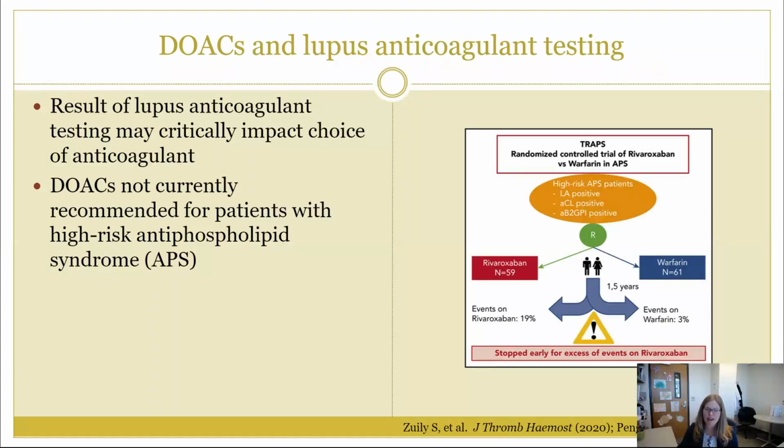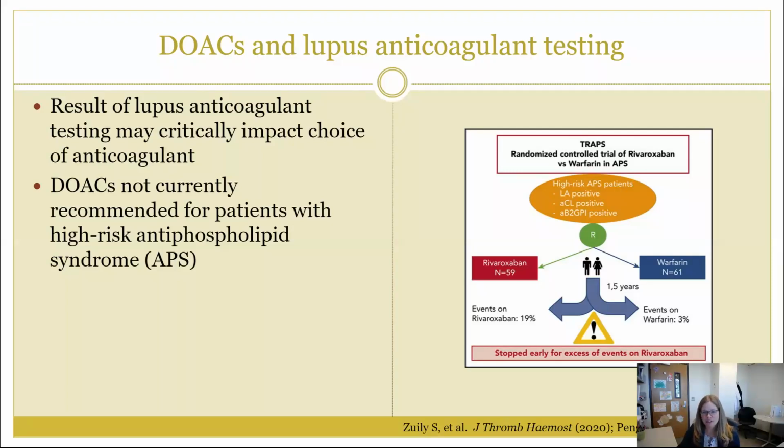And just a little bit further on the importance of understanding the potential interference of DOACs on lupus anticoagulant testing specifically, because this is very, very clinically important and will potentially very strongly influence clinical management, where it might not necessarily with some of these other thrombophilia tests that we just mentioned.